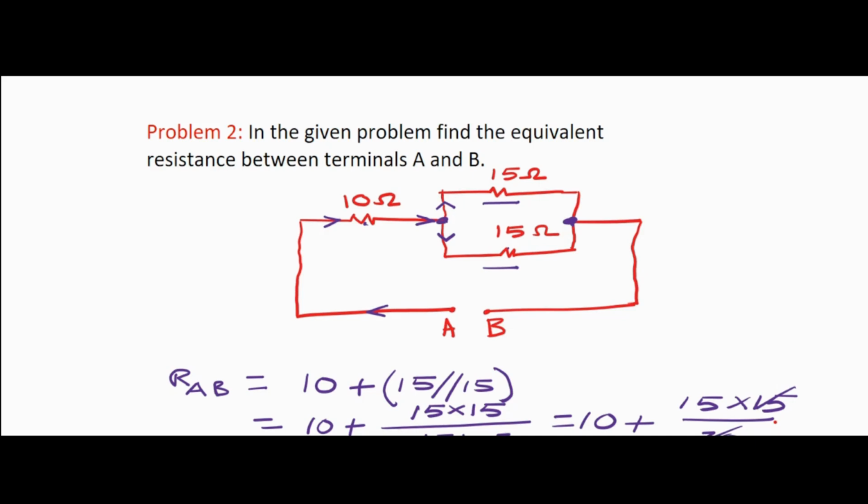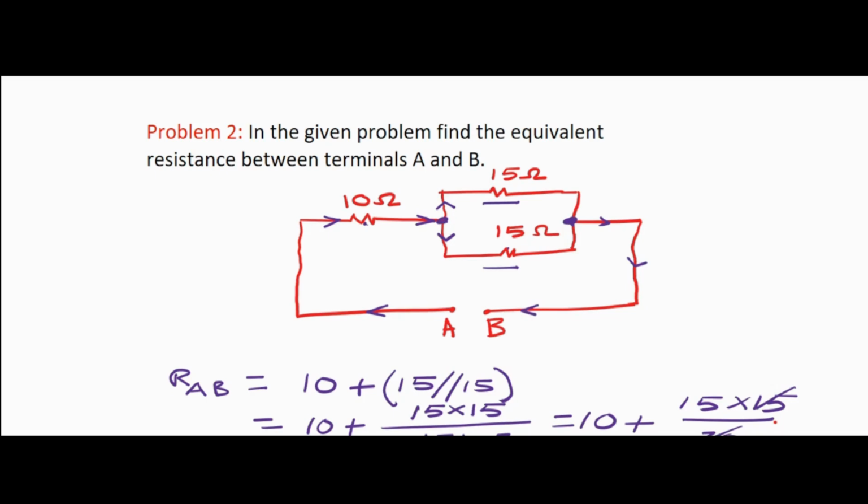If the total current passes through the 10 ohm resistor, then the 10 ohm resistor is in series. At that junction, the current is divided into two parts. One part comes through the upper 15 ohm resistor, and another passes through the other 15 ohm resistor. The two currents meet at the same point, and after that the current comes out and goes to terminal B.